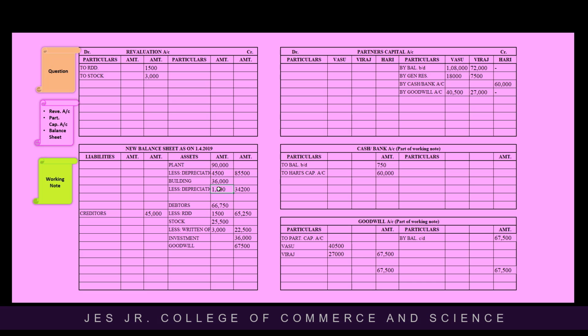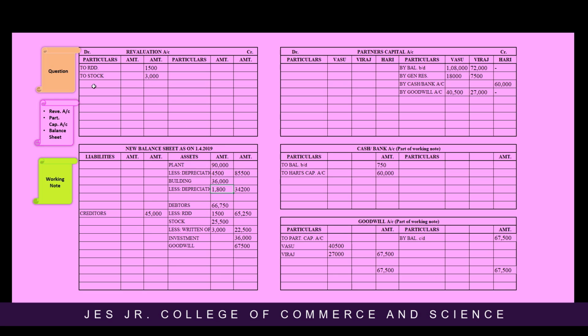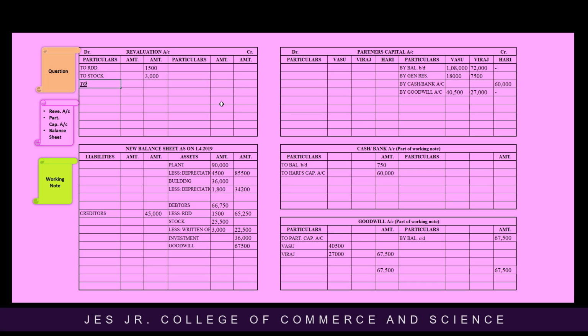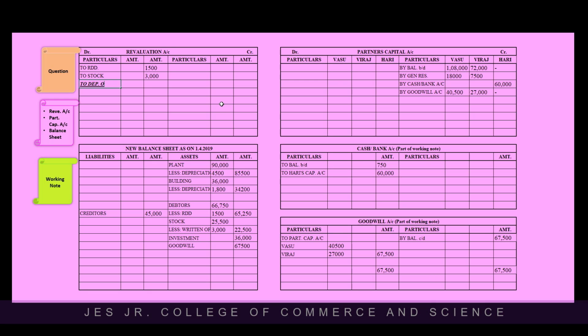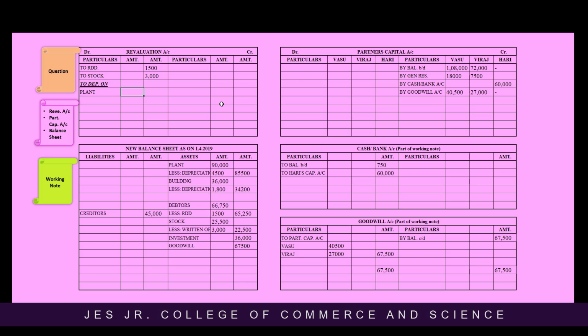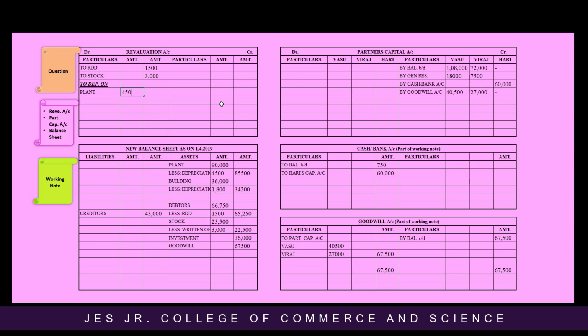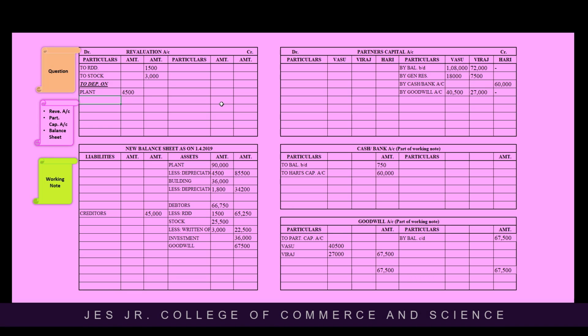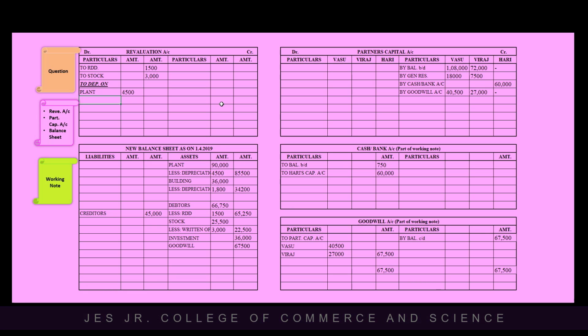Now this both the depreciation will appear to debit side. I'll write here to depreciation on plant. How much? 4,500 is depreciated. और building कितना आपका depreciate हो गया है?